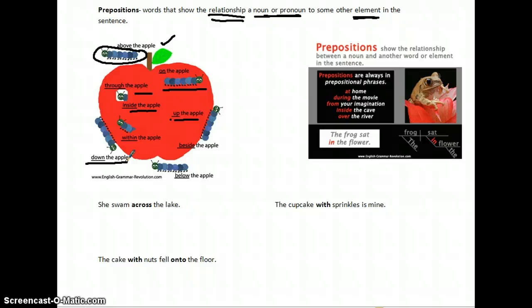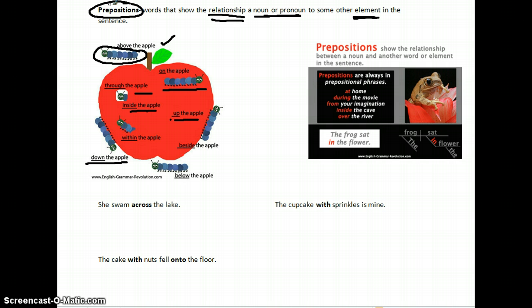Now, take a look at each of these individual examples. There's an underlined word in front of apple. Above, on, through, inside, up, within, beside, down, below. They are all relationship words. Those relationship words are prepositions. And the English language is filled with them, okay?